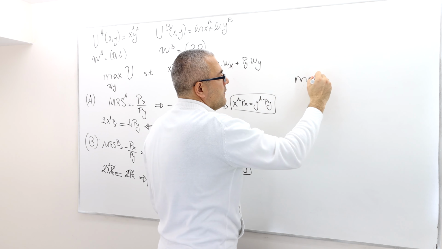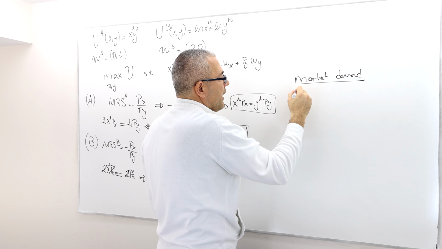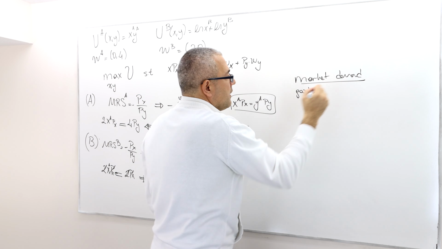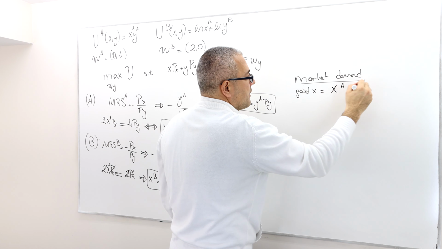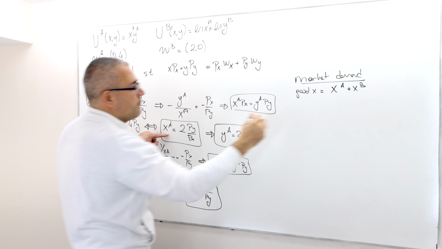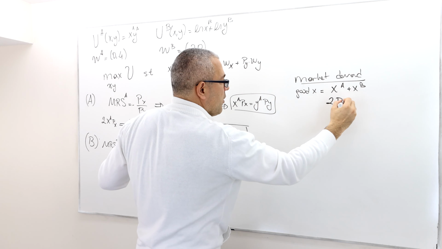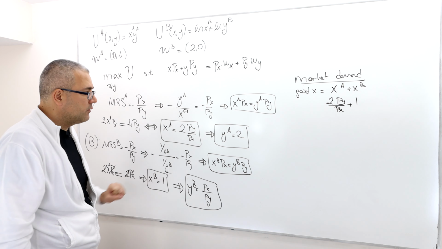Let's summarize it. Market demand for good X: it is XA plus XB because there are two agents. XA is equal to this term, 2PY over PX, plus 1. XB is equal to 1.